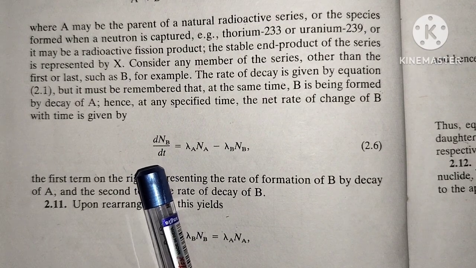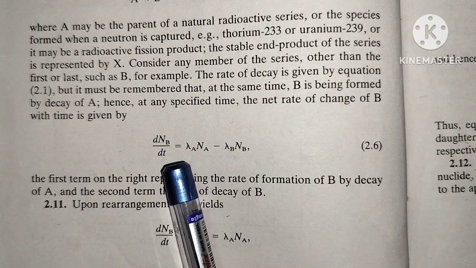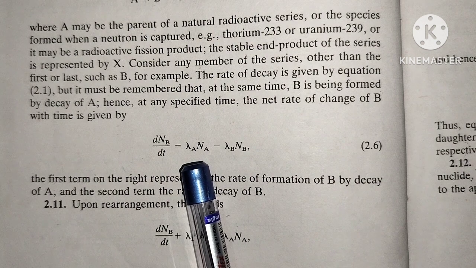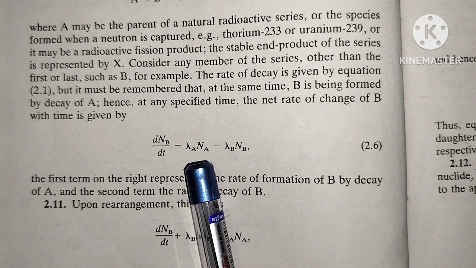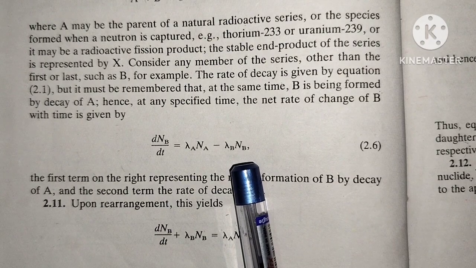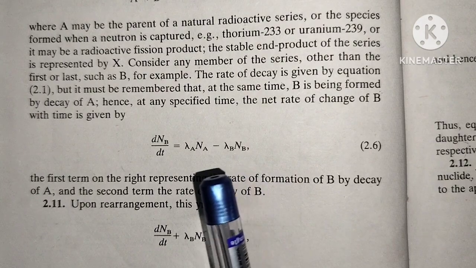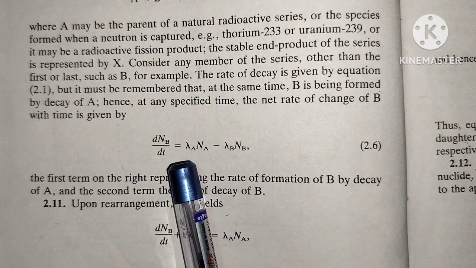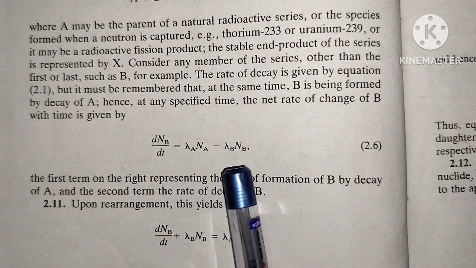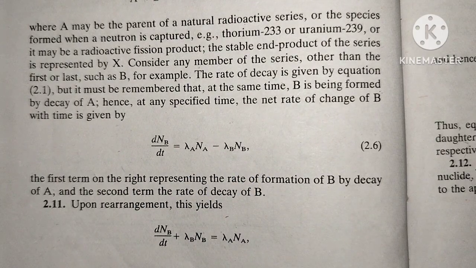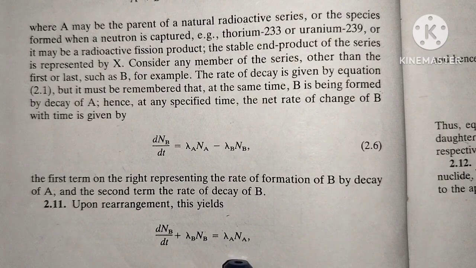That is dNB/dt equal to, it is produced due to A, so λA NA. λA NA is the decay of A, which is nothing but conversion into B. And the second term is the decay of B. B is decaying to C. So the rate of change of the radioactive nuclide with respect to time equals λA NA minus λB NB. λA is the radioactive decay constant for A, and λB is the radioactive decay constant for B. Now I can take this λB NB to this side, so I can write dNB/dt + λB NB = λA NA.